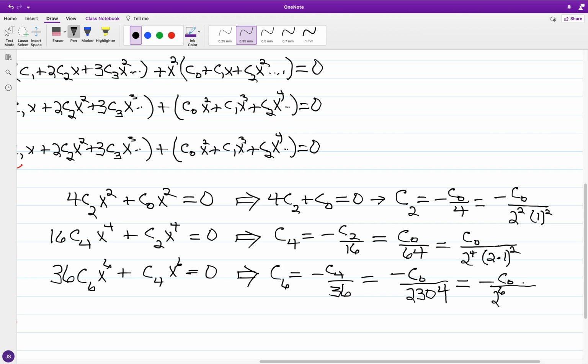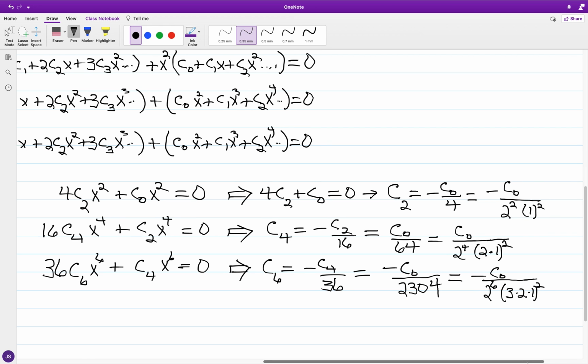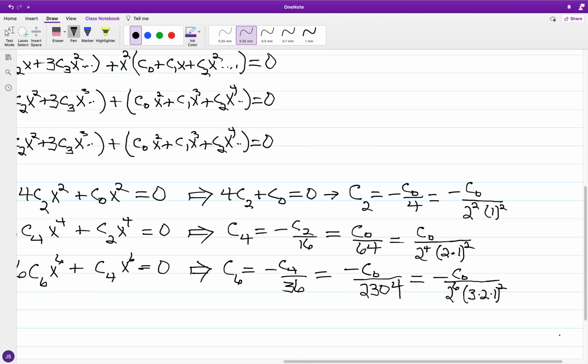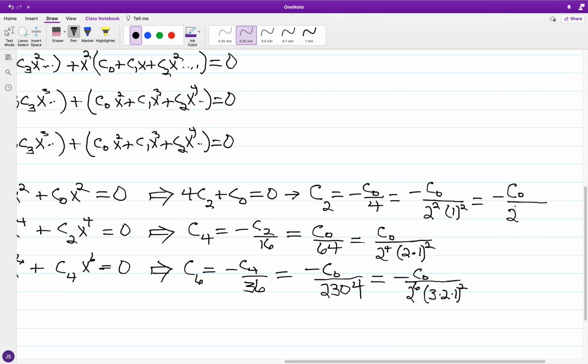And now for 2 to the 6th, we're looking at 64. And guess what? 64 into 2304, that's going to be 36. And guess what? There's going to be a pattern here. So you have 3 times 2 times 1 to the 2nd. Okay, so you have 1 factorial squared.